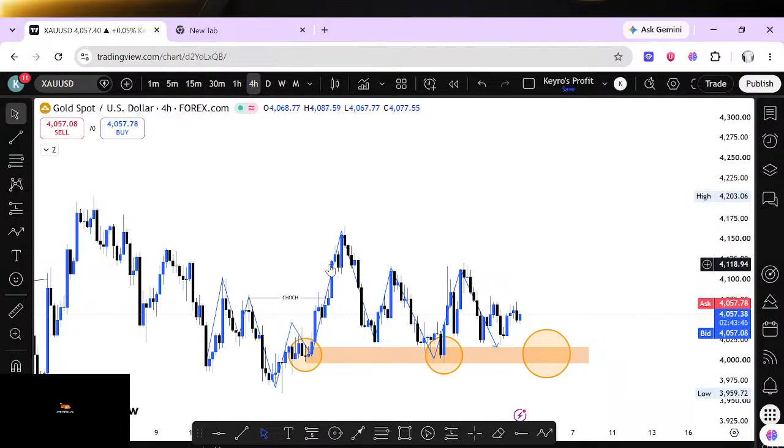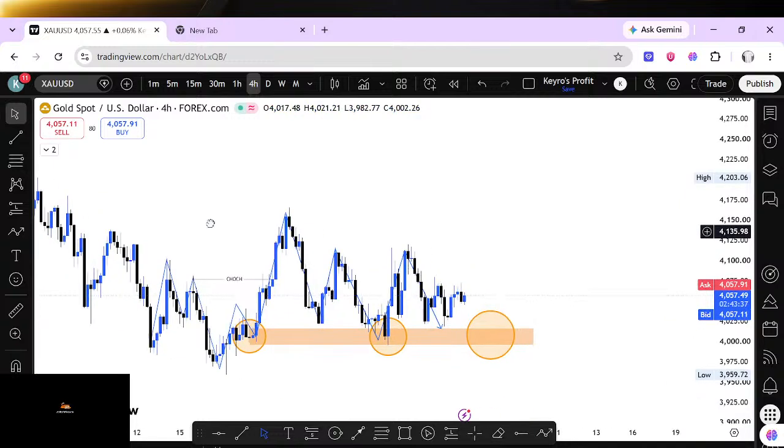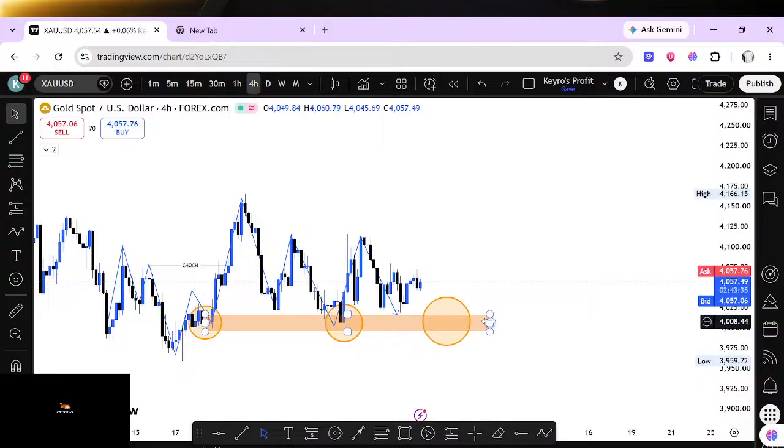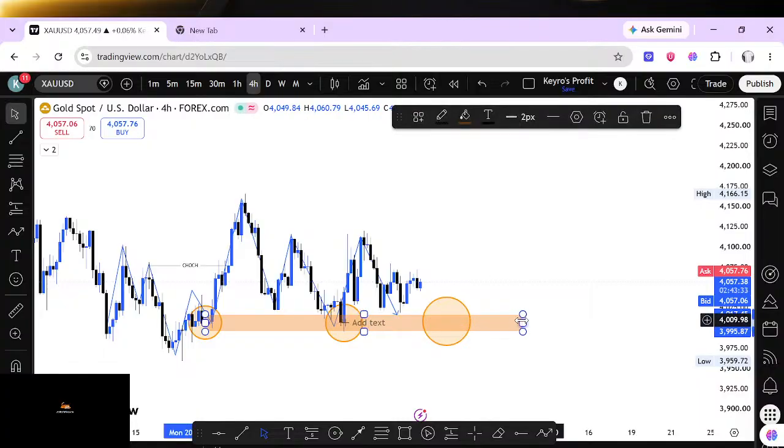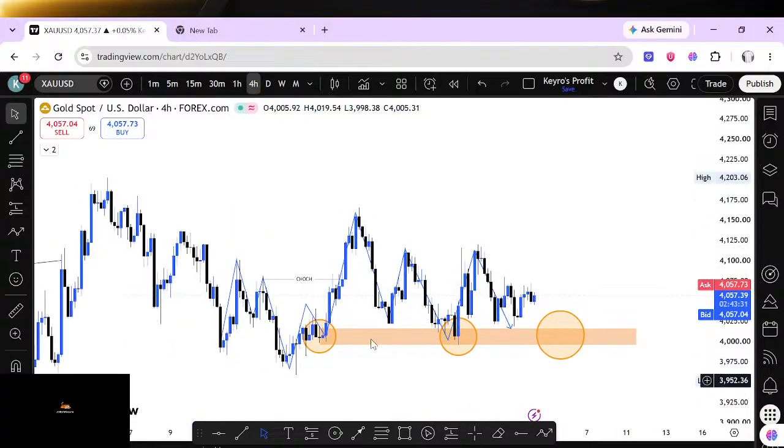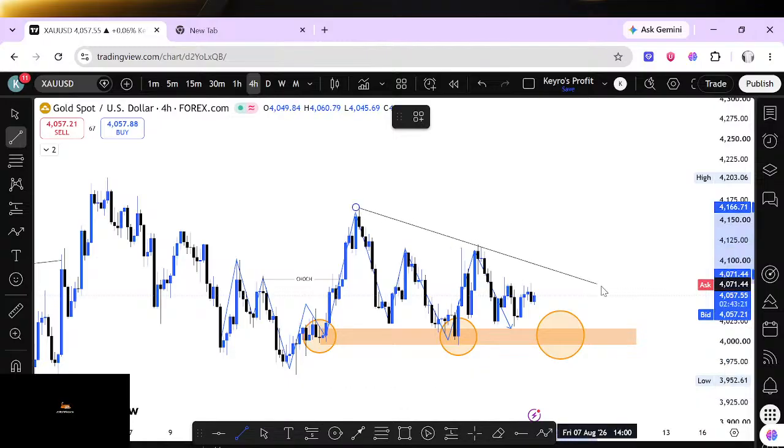So after identifying the order block, we identified what the zones are, which means this is one of the key zones that we are going to watch out for in this market, in the current movement that we have in the market. Totally perfect. So I love identifying my zones that way, and marking them.